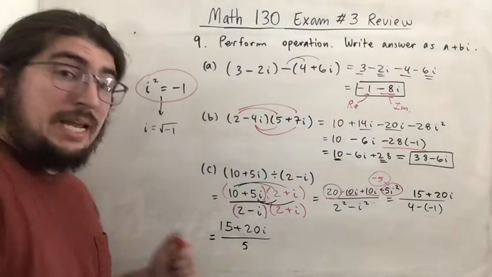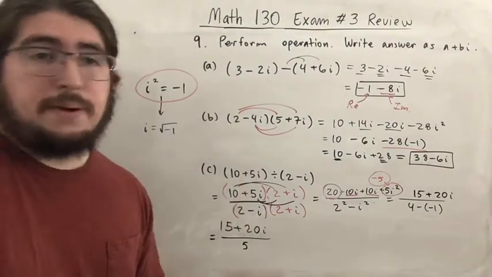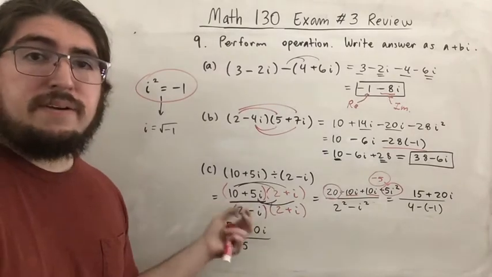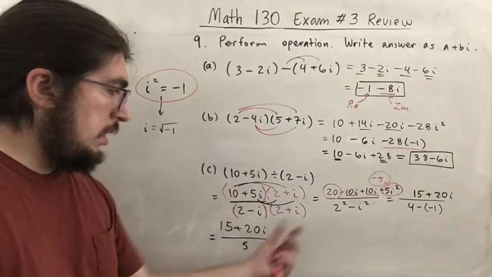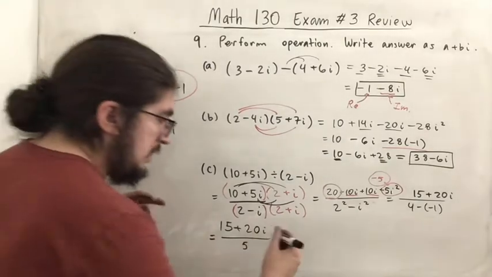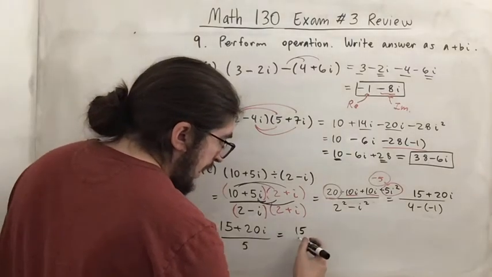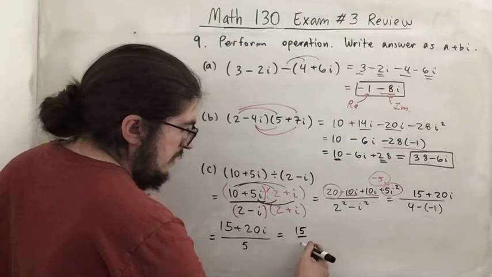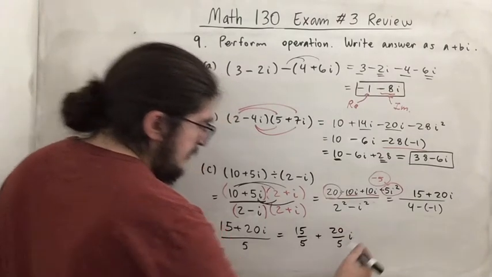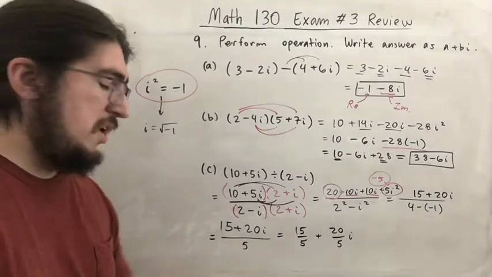And now what I was saying is that this will actually always happen. What always happens is that when you multiply top and bottom by the conjugate of the denominator, you get a real number. So the top will be some complex number over some real number. We can split it up as the real part over 5 plus the imaginary part over 5, over whatever the denominator is in general.